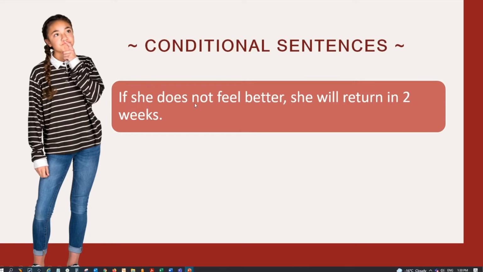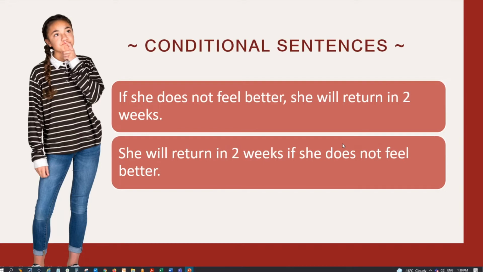When you start a conditional sentence with a condition, you need to have a comma. It's also an introductory element, to be honest, but you need a comma between that conditional clause and the main clause.